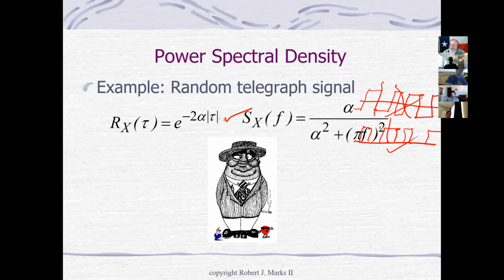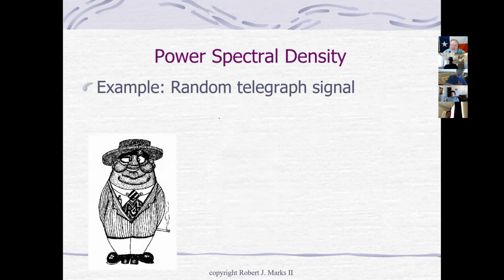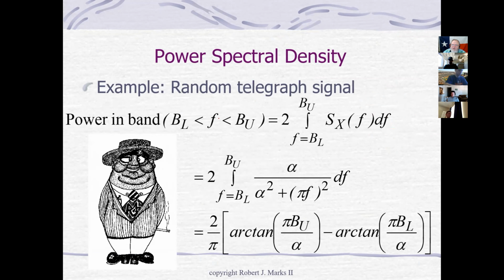It's a Cauchy-shaped power spectral density. And if we would like to compute the amount of power in those frequency bands, here's the general formula. It's twice the integral from the lower to the upper bandwidth. For our specific case of the random telegraph signal, it's equal to twice alpha.